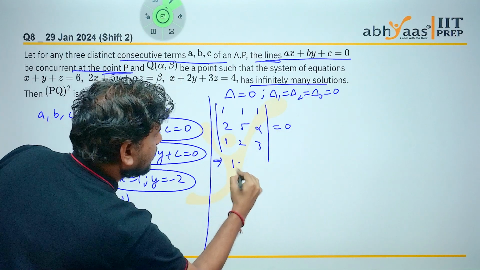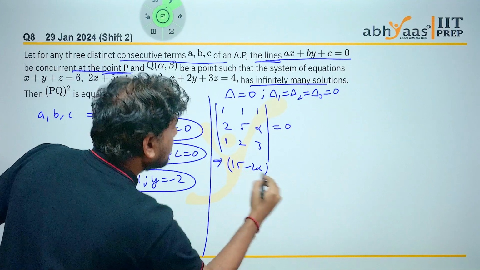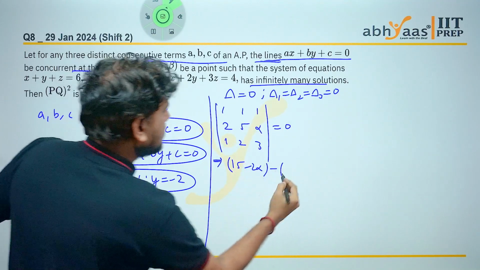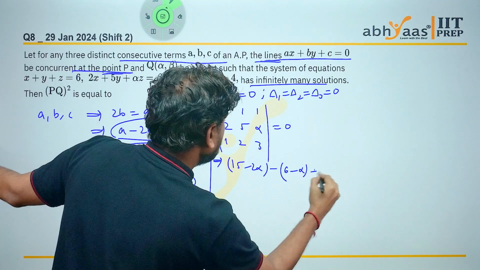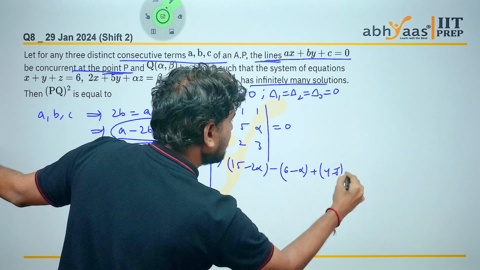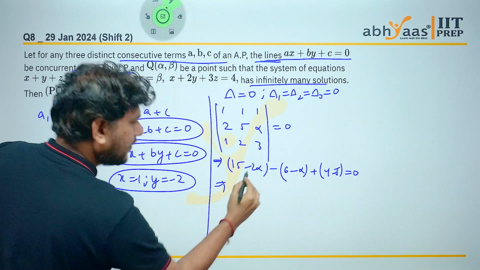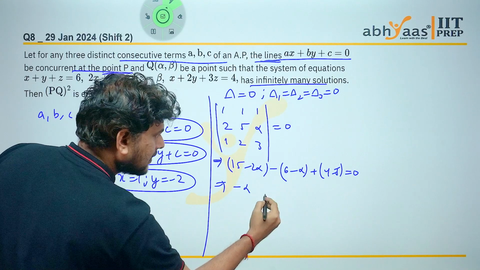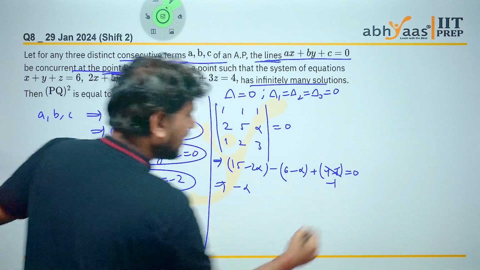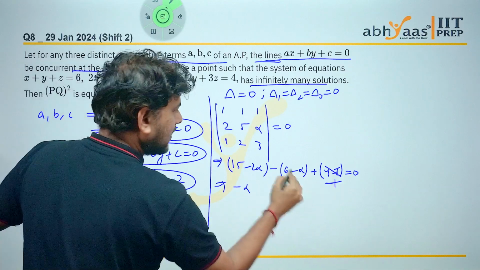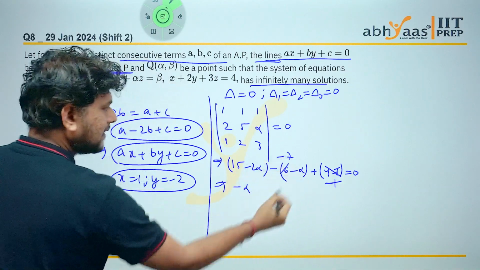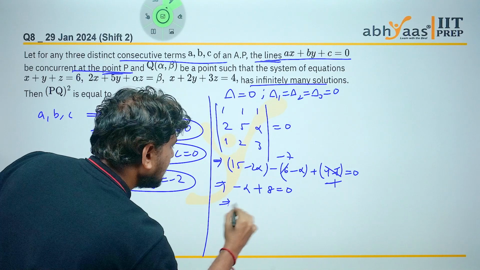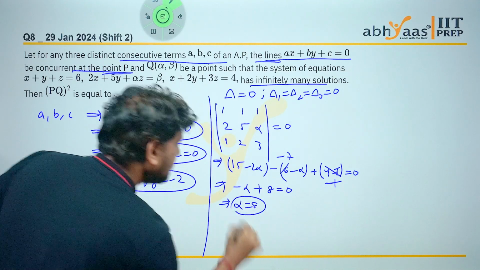So 15 minus 2 alpha minus 6 minus alpha plus 4 minus 5 equal to 0. 15 minus 2 alpha plus alpha, minus 6, 4 minus 5 is minus 1, minus 7. 15 minus 7 plus 8... that implies alpha is equal to 8.